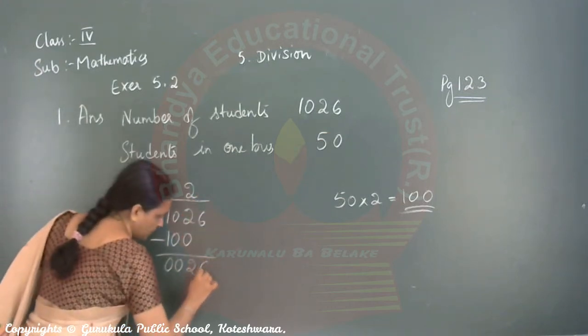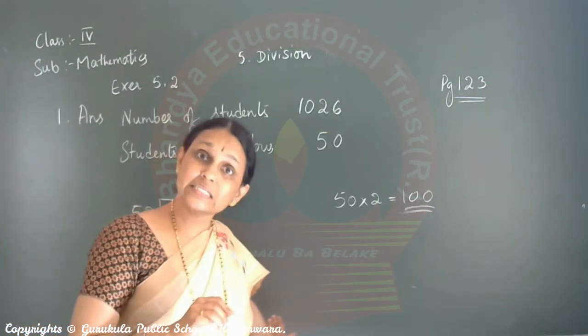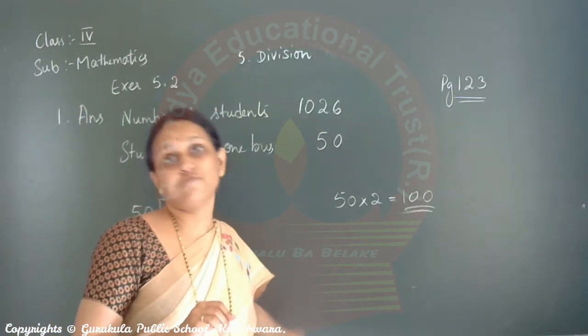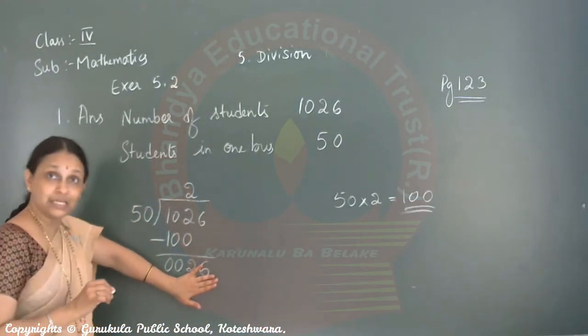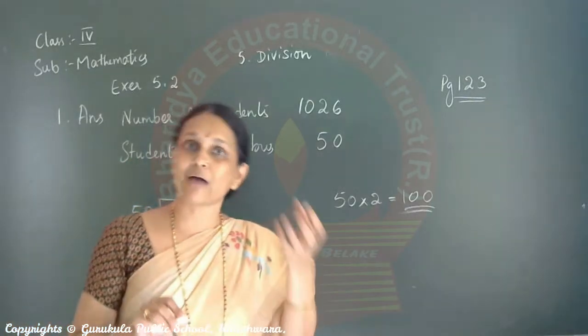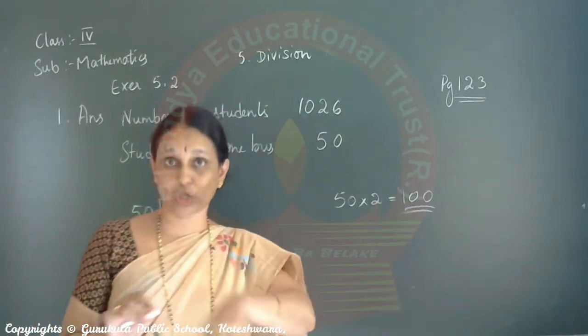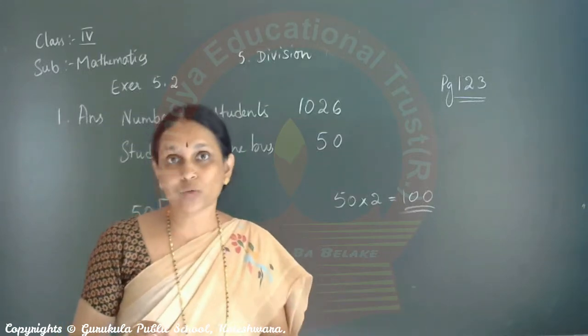Then 6 you bring down. Now 26 is less than 50. So obviously when you have anything remaining less than the divisor, you cannot divide. If you have less than what you want to give or what you want to be taken, you cannot, correct?